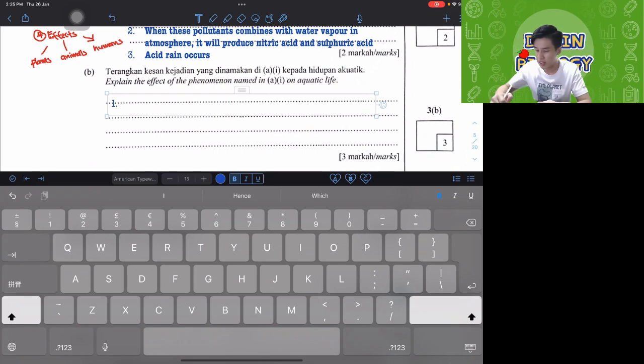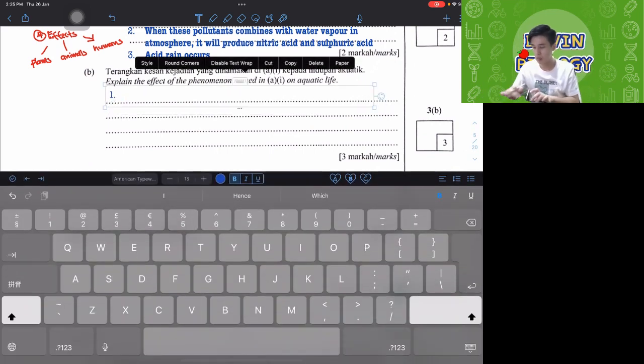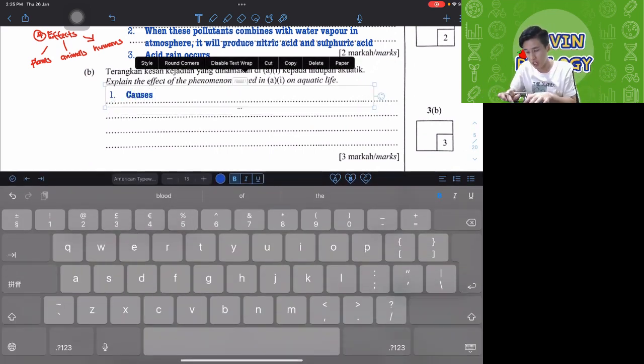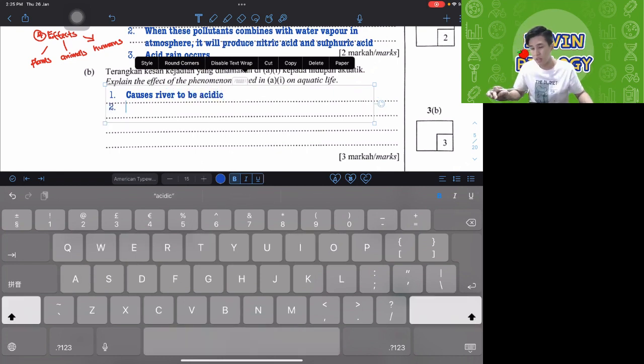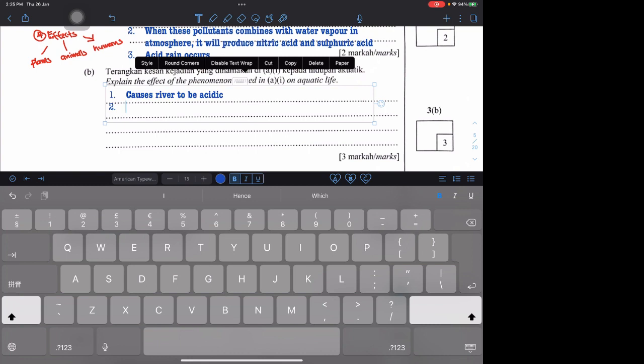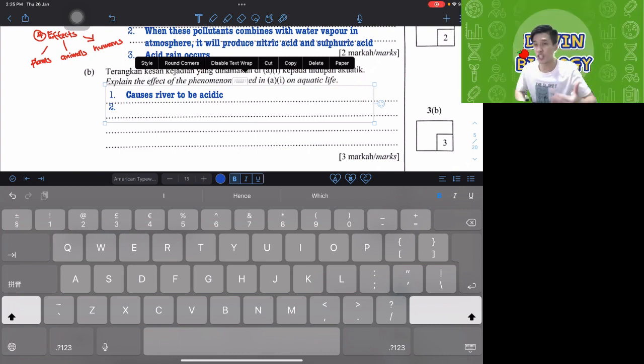So you can say the acid rain causes river to be acidic. Now, when the river becomes acidic, obviously fishes will die. Not just fishes, but usually microorganisms will die first. Like, there's a thing here called phytoplankton.